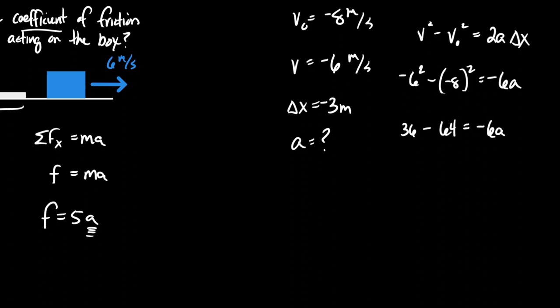You guys have calculators. 36 minus 64 divided by negative 6. I don't know what it is. 4.7.